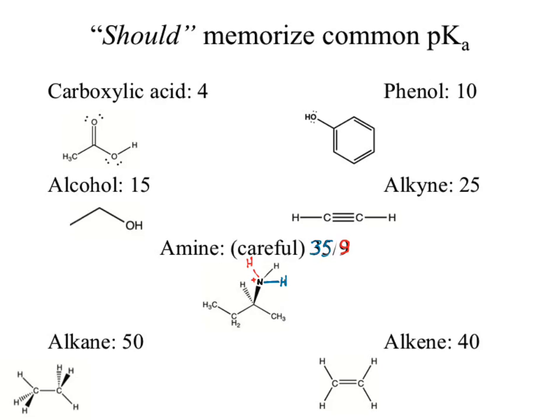Is that acidic? No. That's 10 to the power of 15 less acidic than water. Okay? Really, really not acidic. Nitrogen typically acts as a base, not as an acid. So be careful when you look up your pKa's because the pKa's don't necessarily match when you're looking at that one. Okay?